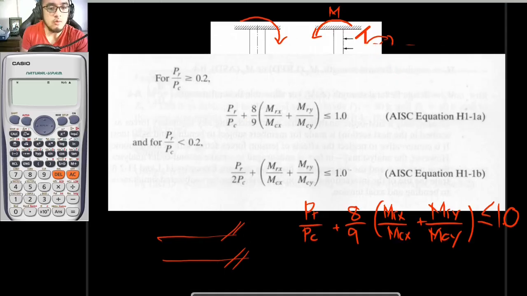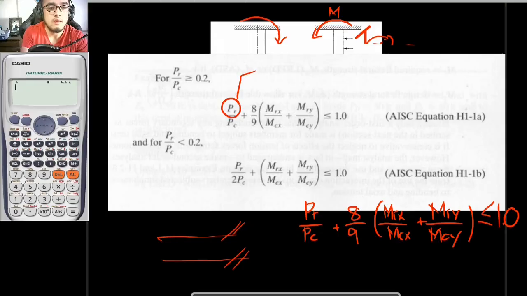So, how can we know what formula we would be using for our analysis? We have these limiting factors right here, P sub R over P sub C. We would be comparing the ratio of your P sub R and P sub C to 0.2. But first things first, what is P sub R and what is P sub C? Our P sub R is our required axial strength or our tensile strength.